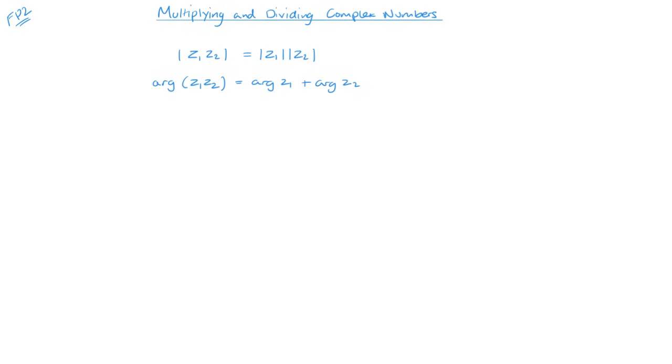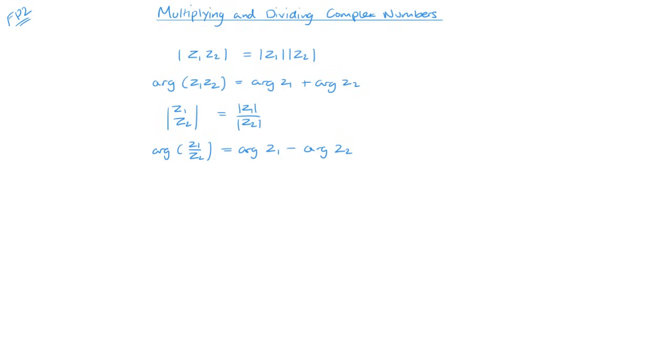In terms of dividing, the modulus of Z1 over Z2 is the modulus of Z1 divided by the modulus of Z2, and the argument of Z1 over Z2 is the argument of Z1 minus the argument of Z2. These results come from FP1. I'm not going to go through where they come from; you can go back and watch the videos on that.